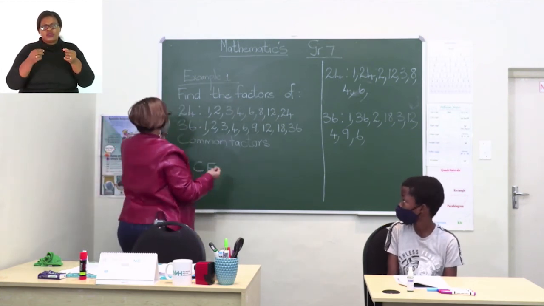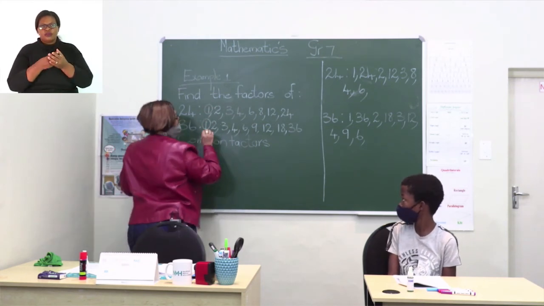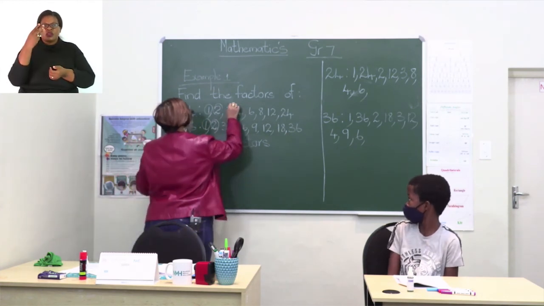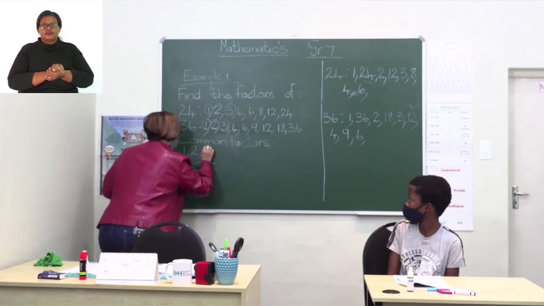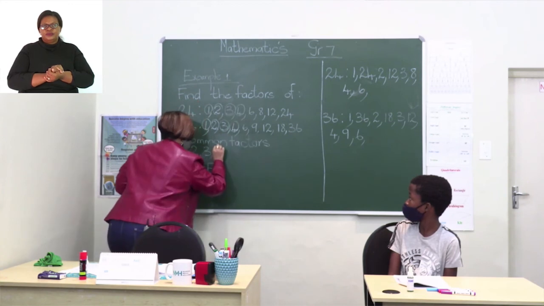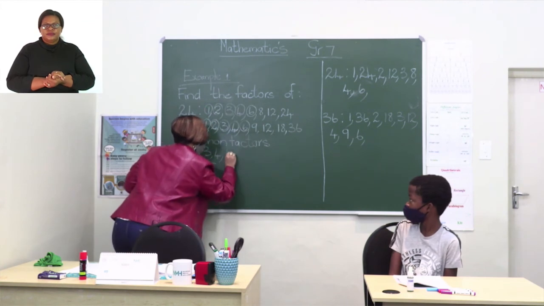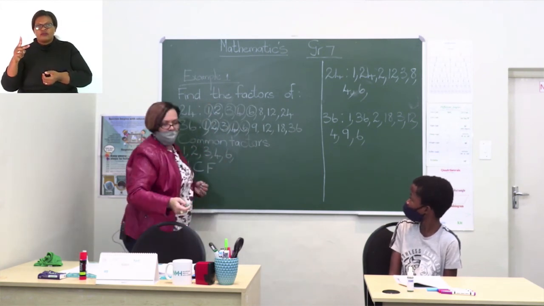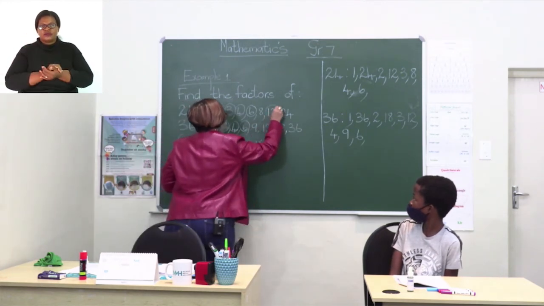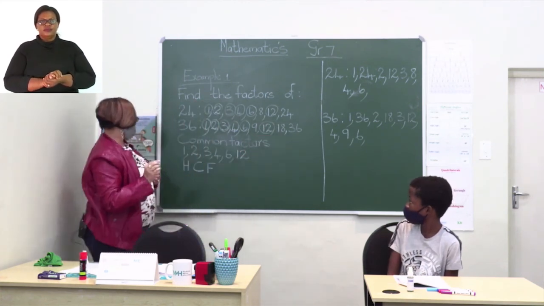Assist me, Pomwene. 1 we find in both sets. 2 we find in both sets. 3, 4, 6, no more numbers. 12, that's a lot.